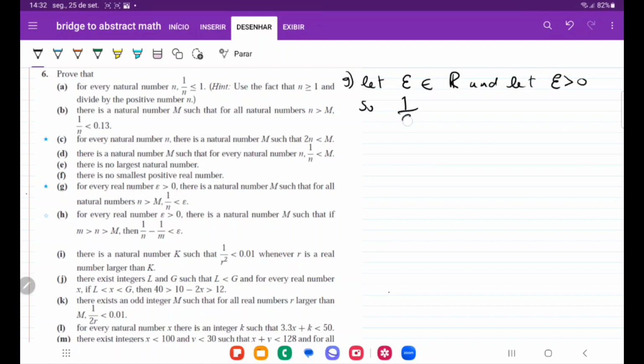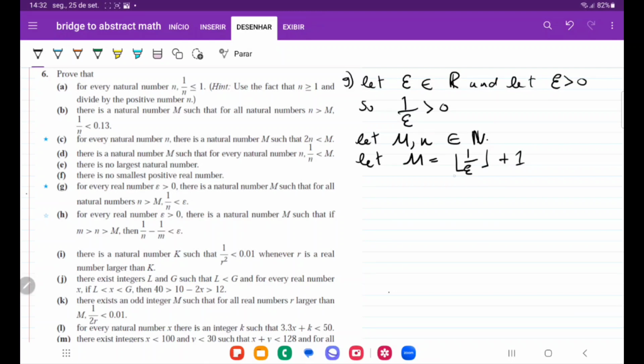So 1 over epsilon is going to be greater than 0 as well. Let m, n belong to the set of natural numbers. Let m be equal to the floor of 1 over epsilon, plus 1.